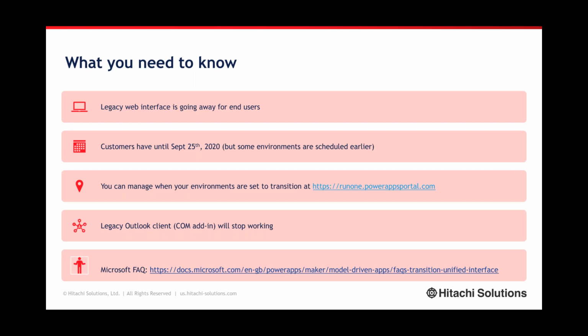So you want to make sure that if you are using that, along with looking at making the move to unified interface, you also look at making the move to the new Outlook app. And there is an FAQ that's pretty good. If you go to this site, and we've shared out the deck here, which you can download after the presentation, that has a lot of great questions and answers. So I would recommend you check that out.